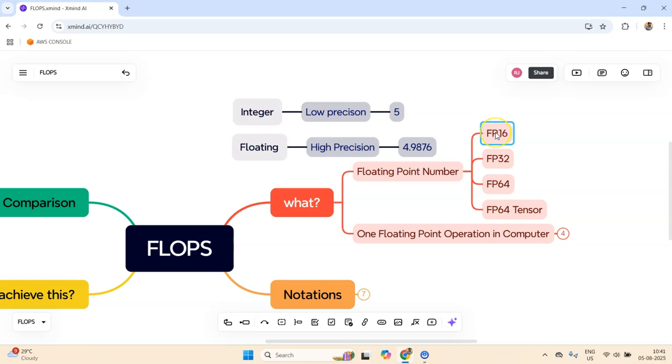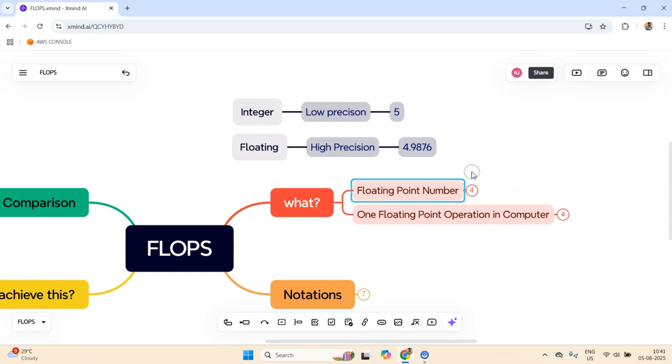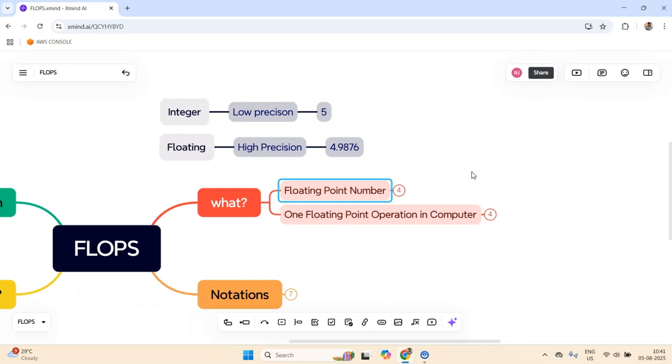So 16 means 16 bits of information, which would correspond to 2 to the power 16 distinct numbers, and it increases exponentially if we go to floating point 32. So the key takeaway from this small discussion was that floating point numbers allow you to represent numbers in a high precision way.